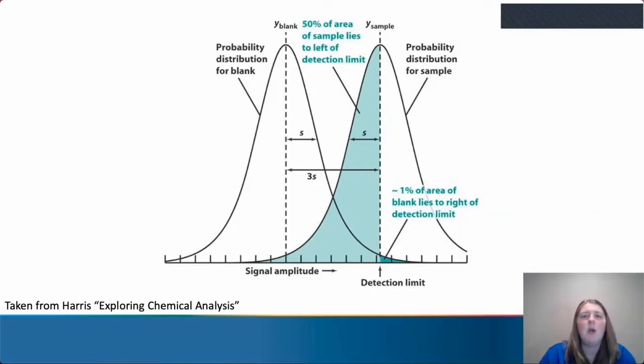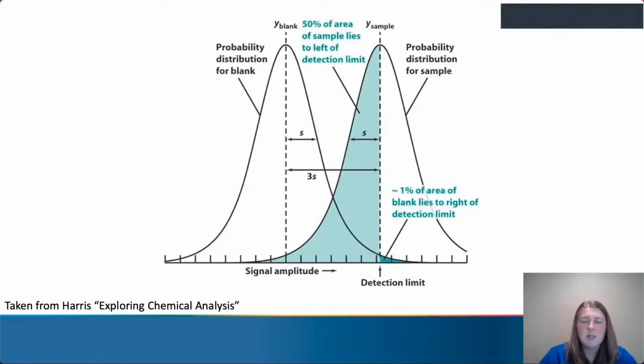Okay, so remembering that your probability curve never touches the x-axis, or it's never 0, and think about visually moving this another 3 standard deviations to the right. So now the area under that curve in the tail that I highlighted earlier is going to be very, very small, which indicates that there's a very small chance that the value that you detect would be considered a false positive. So that's what we're going for.